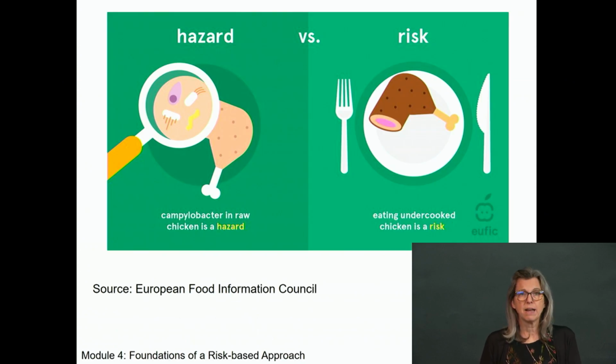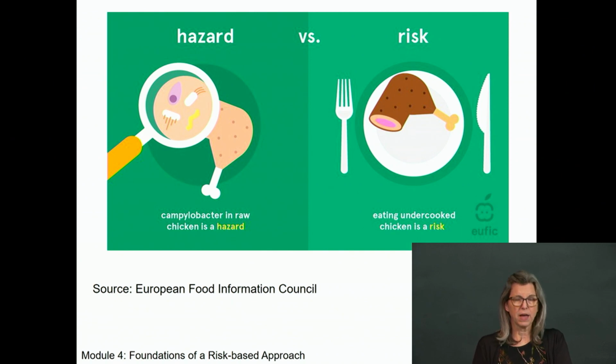So here's a slide I found from the European Food Information Council that I thought was very useful in demonstrating this point. The hazard is the Campylobacter in raw chicken. The hazard's in the chicken, but there's been no exposure yet, so there's no likelihood of harm yet. If we had good processes for cooking and handling that would eliminate all the Campylobacter in the chicken, then it wouldn't become a risk.